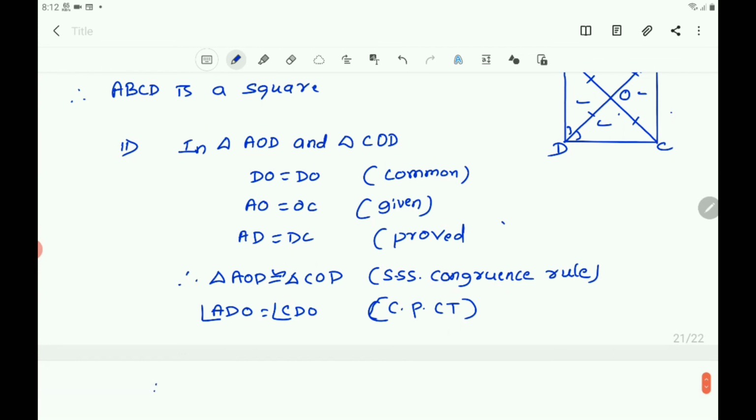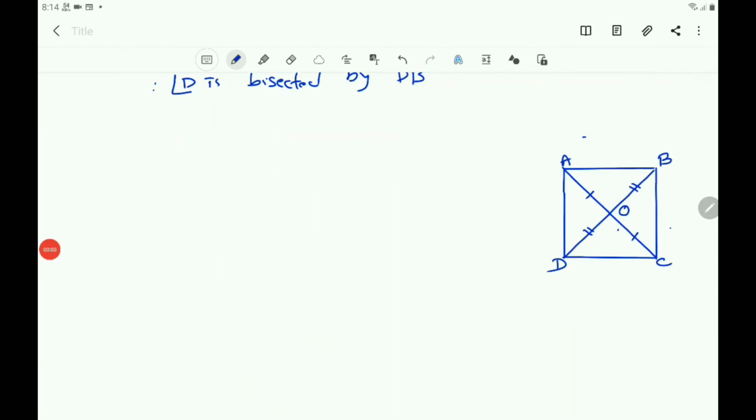Therefore, you can say that angle D is bisected by DB.